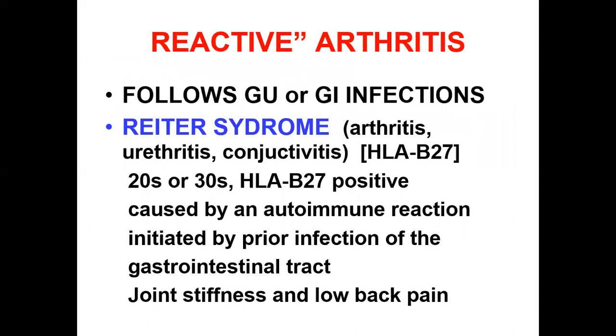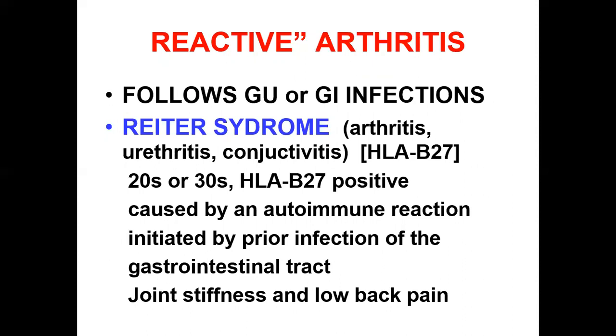So reactive arthritis often follows gonococcal urethritis or GI infections. So there is Reiter syndrome. This syndrome comprises arthritis, urethritis and conjunctivitis.